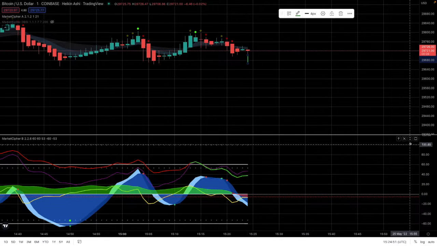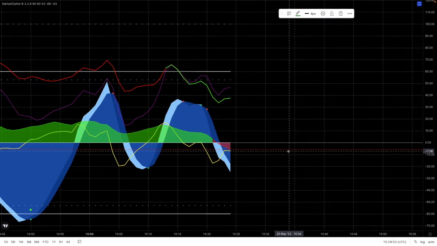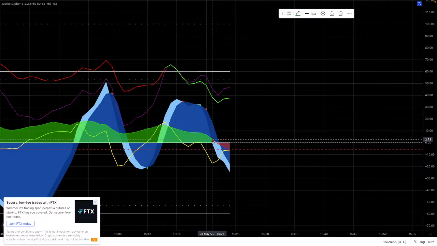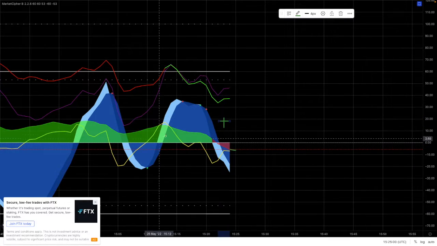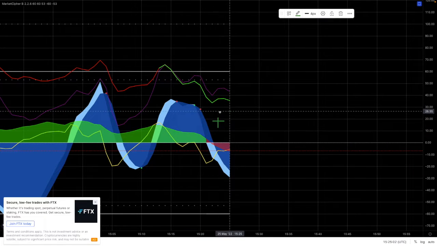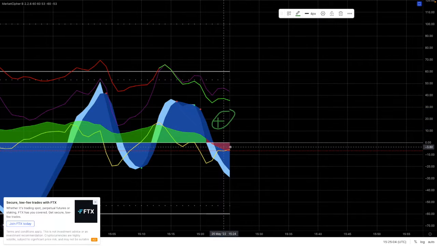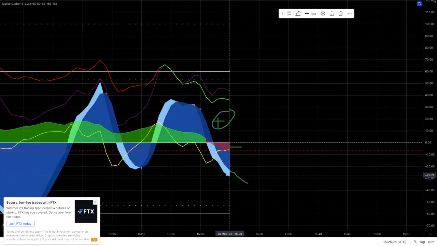Right now, money is getting out of the asset. You can see the direction of money flow. We were in the positive. It was green, and green means go buy. Right now it's in the red, so price will evidently fall. Momentum is also falling down here. As to how far it will go, we can't tell.